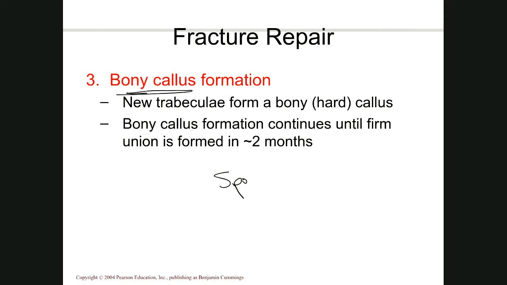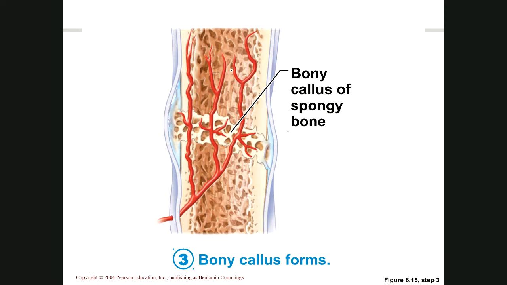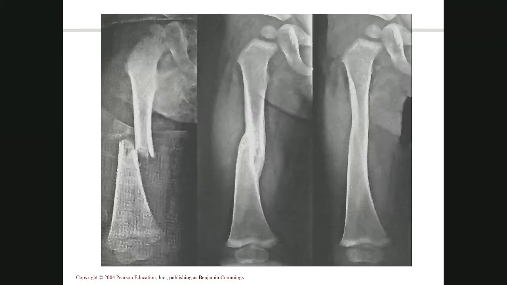Spongy bone is not nearly as strong as dense bone, but it is bone. By now, all the blood vessels have regrown, the periosteum has repaired itself, and we've got this bony callus in here. And you can see that here. So there's the fracture. There's this bony callus right here.